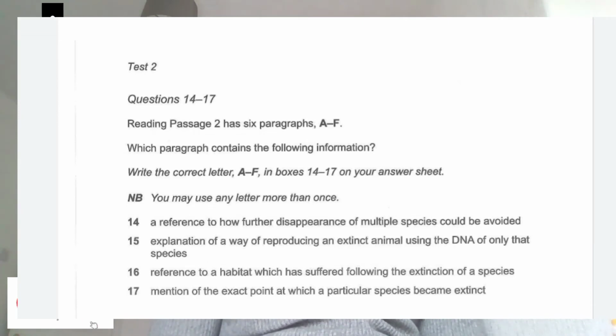Can you see? So that means we saw this in paragraph B. That means the answer to question 16 will be B. Can you see?